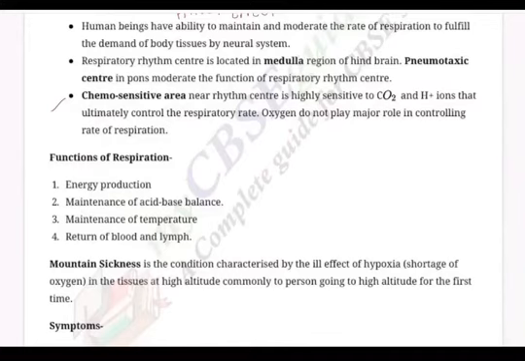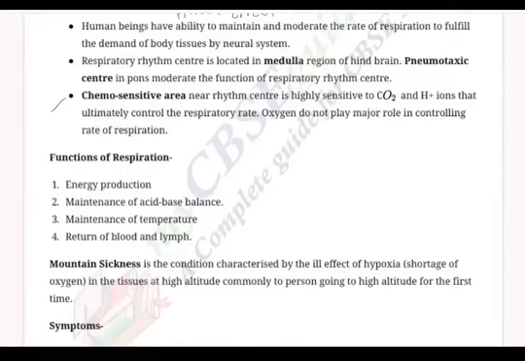One is Bohr's effect, that is, an increase in partial pressure of carbon dioxide in blood brings a rightward shift of the oxygen dissociation curve and thereby decreases the affinity of hemoglobin for oxygen. The moment the affinity of hemoglobin for oxygen gets reduced, the oxygen and hemoglobin get separated. We said this is Bohr's effect.